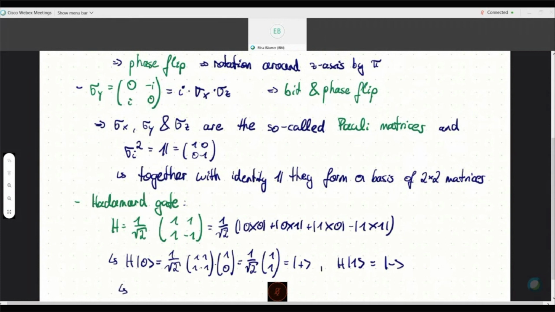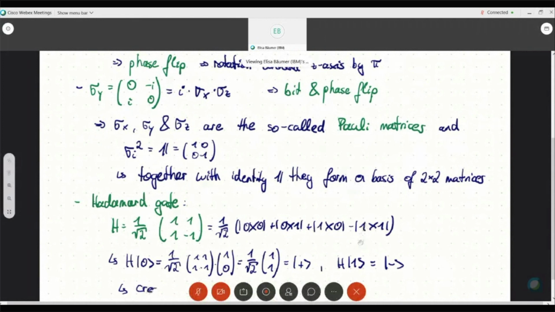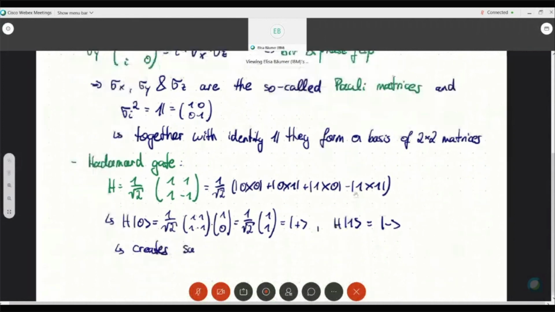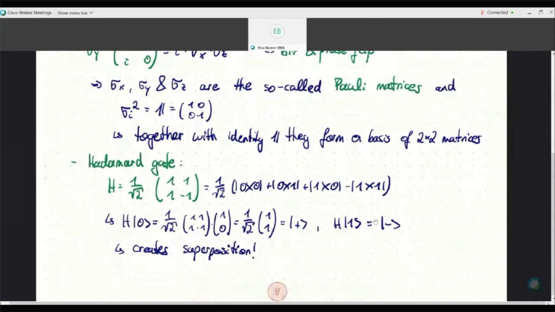Which means that in general, what this Hadamard gate is used for is to create superposition. Because if we run a quantum circuit, in the beginning we initialize our qubits, usually in the 0 state. Every quantum circuit starts with all qubits in the 0 state.